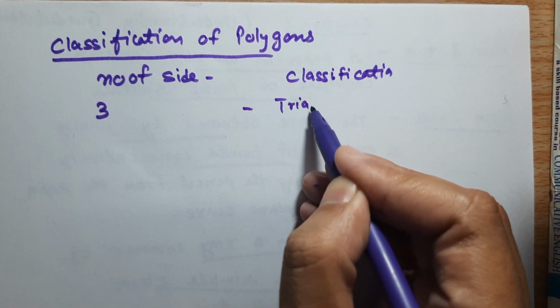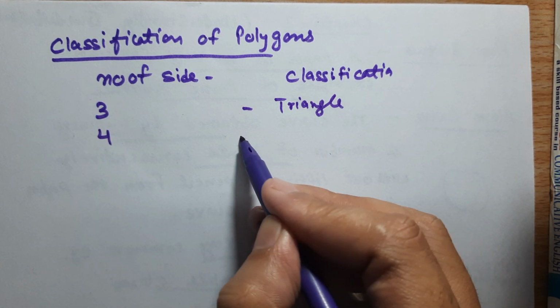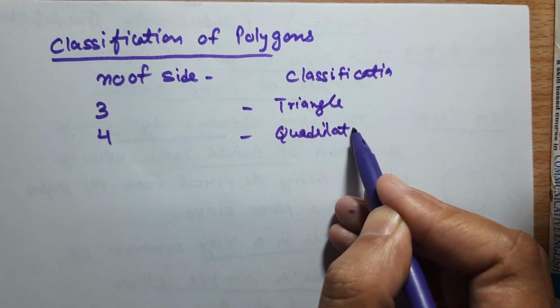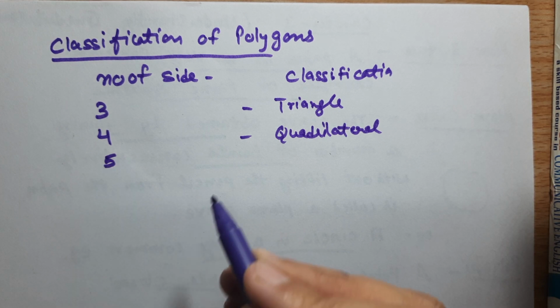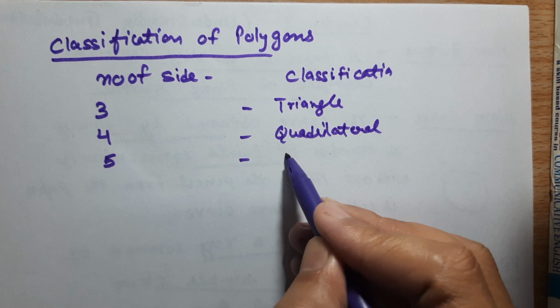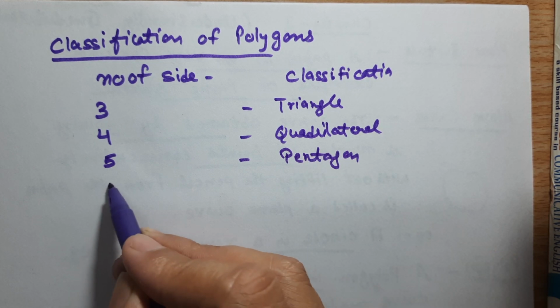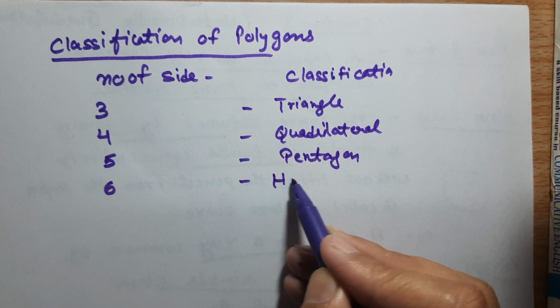It will be classified as a triangle. If it has four sides, it will be a quadrilateral. A quadrilateral may be a rectangle, a square, or any other figure. It has four sides. If the number of sides is 5, it will be called a pentagon. If the number of sides is 6, it will be called a hexagon.